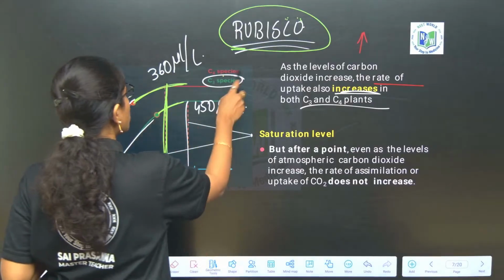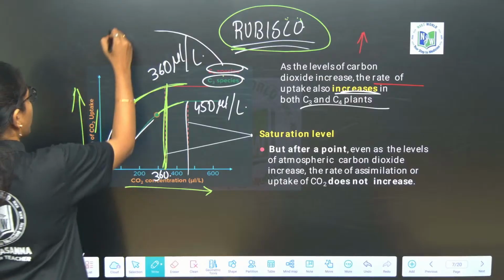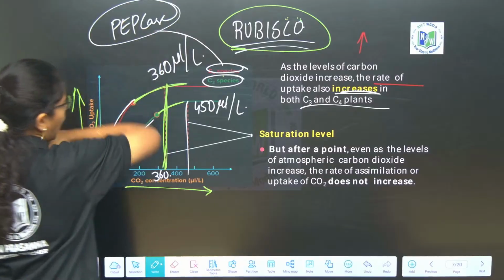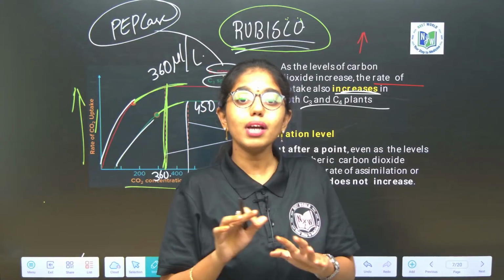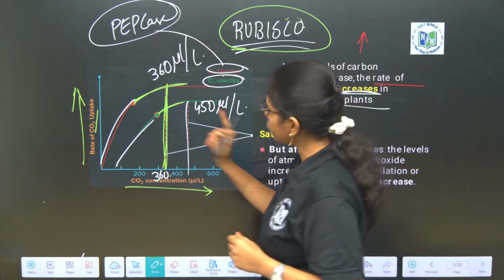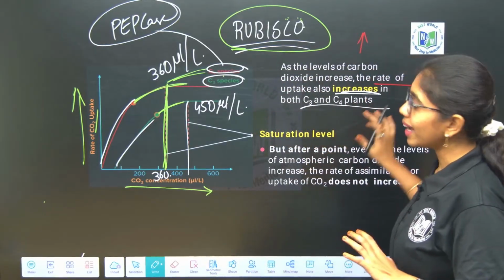Whereas for C4 plants, the primary carbon dioxide acceptor is what? PEPcase. PEPcase is the primary carbon dioxide acceptor, which binds only to carbon dioxide. So its saturation point is minimal when compared to C3 plants. It is just 360 microliters per liter. Clear, right? Till here it is fine.